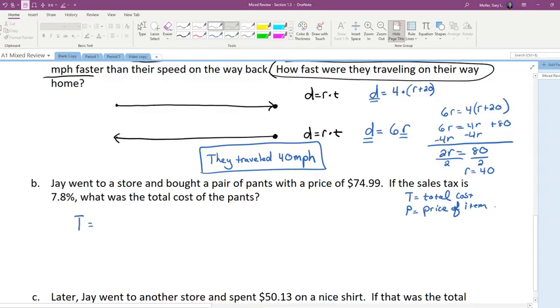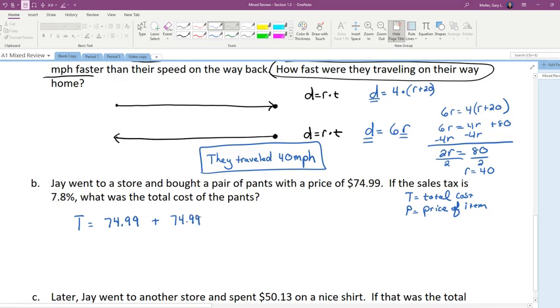So if I go to the store, my total cost is going to equal, well, $74.99 at least. So I'm going to pay $74.99, but I'm also going to add some to that. So I'm going to add whatever 7.8% of that price is. And so I'm going to do plus $74.99.